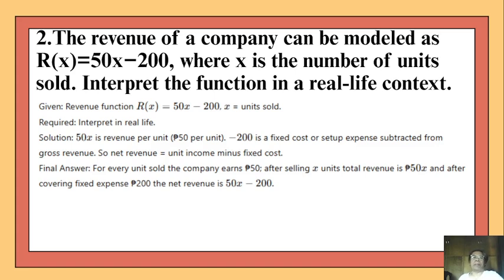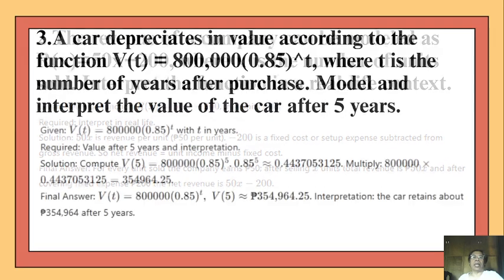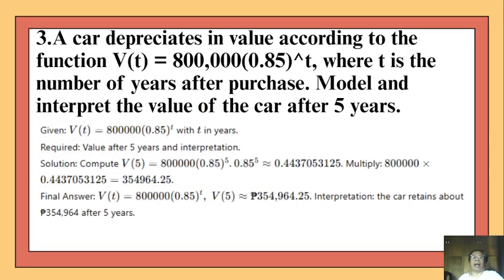Let's have practice number 3. A car depreciates in value according to the function V(t) = 800,000 times 0.85 raised to t, where t is the number of years after purchase.